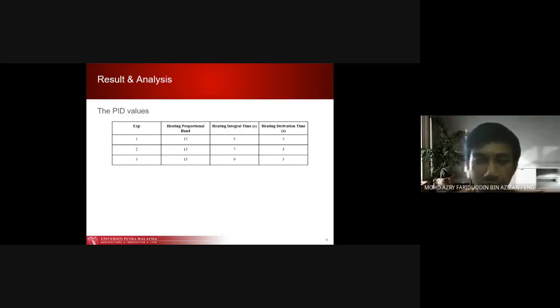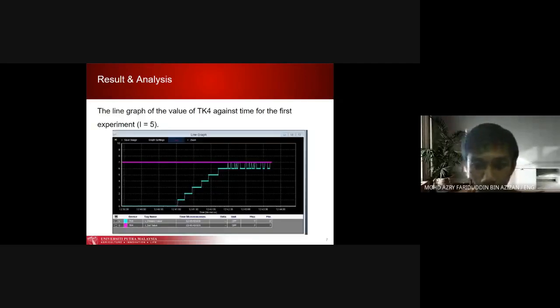Next slide. The first graph shows the line graph of the value of TK4 against time for the first experiment, where the integral time is 5. Based on the graph, the blue line remains constant at 0 for 100 seconds after the experiment begins.